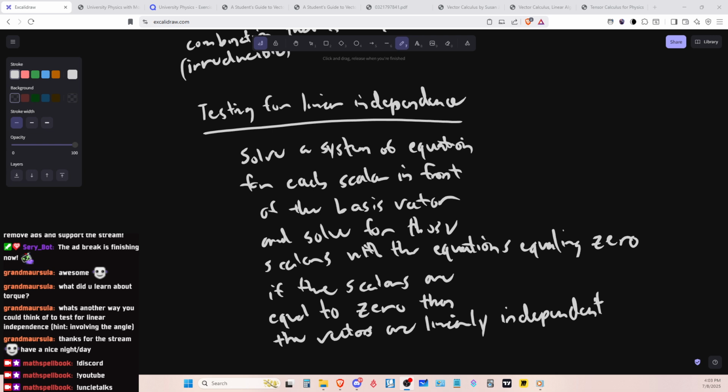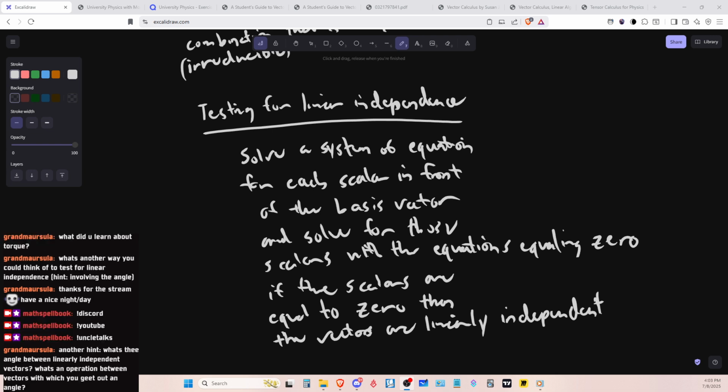Oh, what did you type in, Ursula? Another hint, what's the angle between linearly independent vectors? Oh, I believe that they're orthogonal, aren't they? Unless that's one of the ways they can be linearly independent.